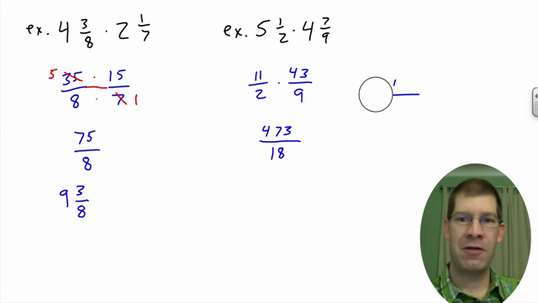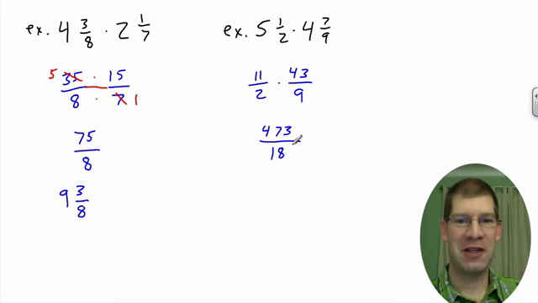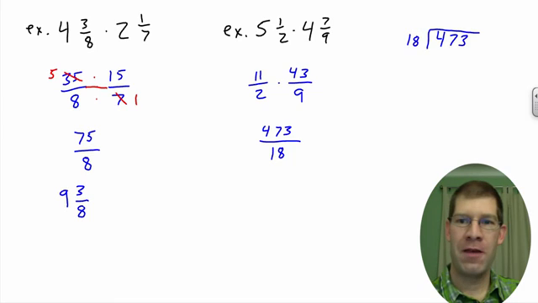And now, if you have a calculator, you can pull that out, but I know I'm telling my students they can't do it with a calculator. So this won't be reducible because the number before wasn't. So we're really stuck going back to 473 divided by 18. And if we do the math here, if I double 18, so 18 times 2 is going to be a 36. So 36 right there.